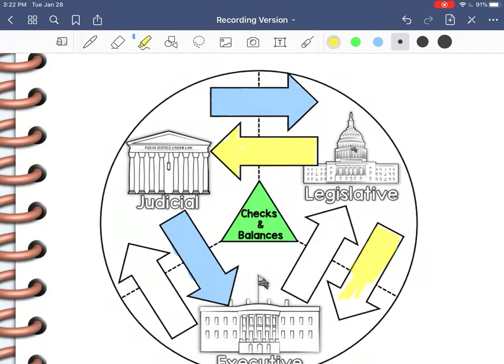If you've been watching the news lately, today is January 28th of 2020. So if you've been watching the news, you are seeing this in action. The impeachment trial of President Trump. And we'll talk about that in just a minute. But this branch has some power over this branch, definitely. And that's the way the founding fathers wanted it to be.